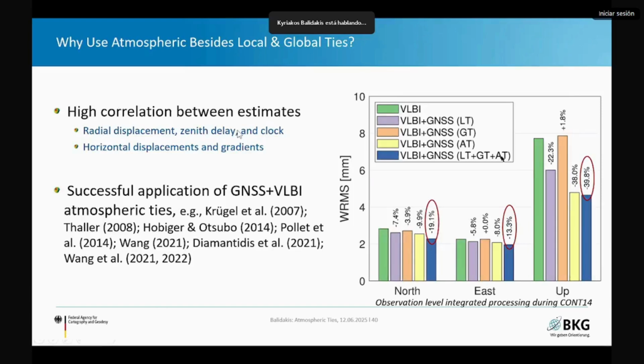So local ties, position; global tie, Earth orientation parameters, polar motion, length of day, etc. Atmospheric ties, zenith delays, and gradients. And you see here that the RMS improves by more than 10% in the north and east component, and close to 40% in the up component.